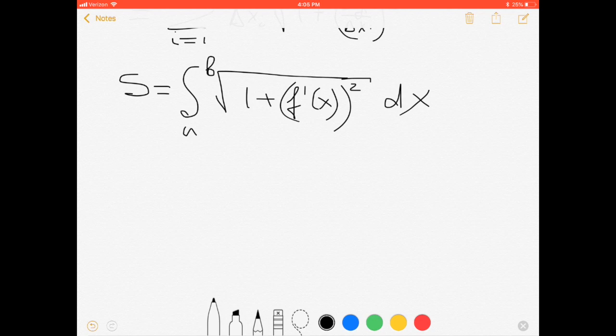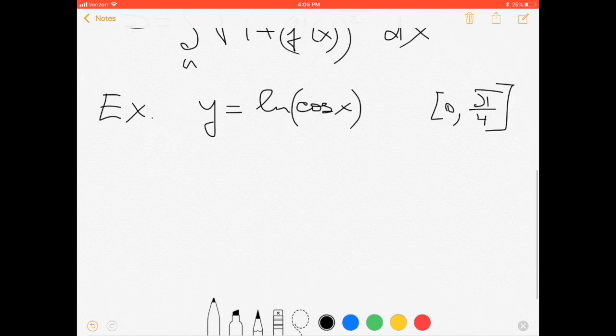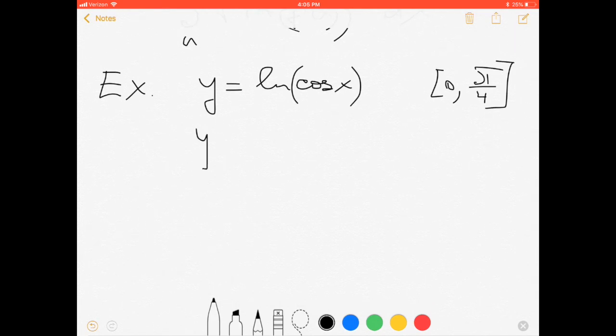For example, I have a curve with the equation y equals natural log of cosine x, and x here changes from 0 to pi over 4. First we find the derivative.